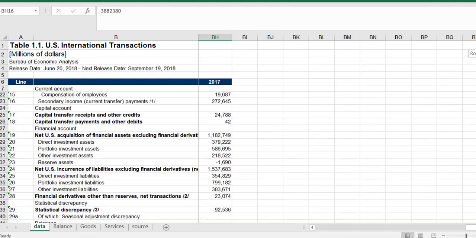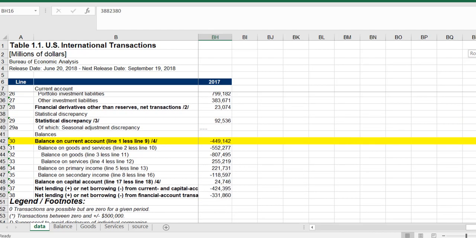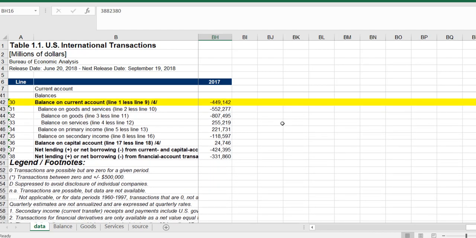So the current account balance ends up being $450 billion. If we look at goods and services alone, that deficit is $552 billion. The trade deficit, when we look at goods alone, is about $807 billion. But we do have a surplus in the balance on the transaction of services.